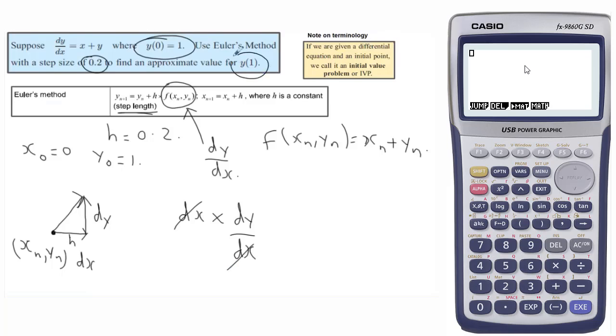And the target here is y1. So we need to keep doing this until the x value is 1, and then we know that we're finished. Once we know what y is when x is 1, we've found the approximate value for the function at x equals 1, because we've followed the tangents to do it.